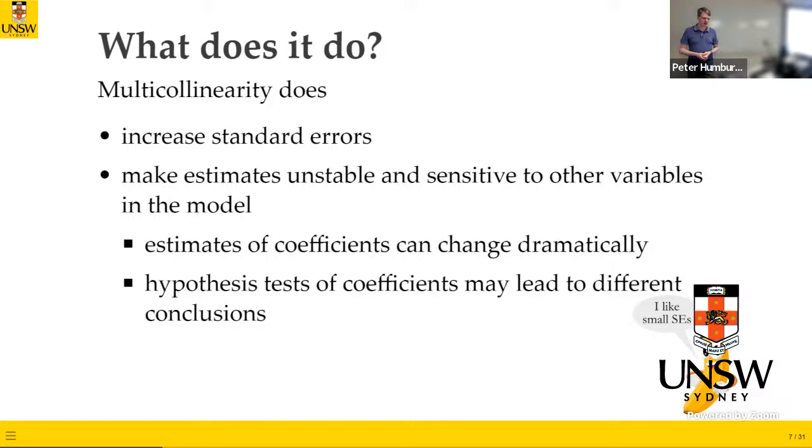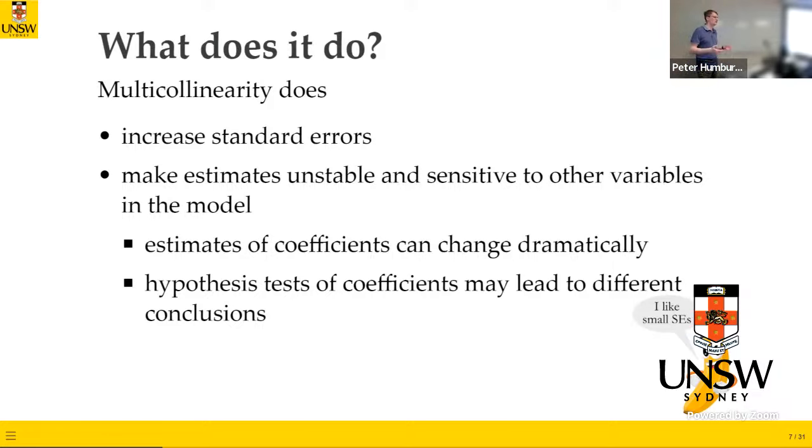It also will make the estimates of the coefficients in the model unstable. And they will become very sensitive to the variables that you do include in the model. And that means that if you make slightly different choices about which variables you include in the model, for whatever reasons, potentially unrelated to multicollinearity, you can get vastly different answers.